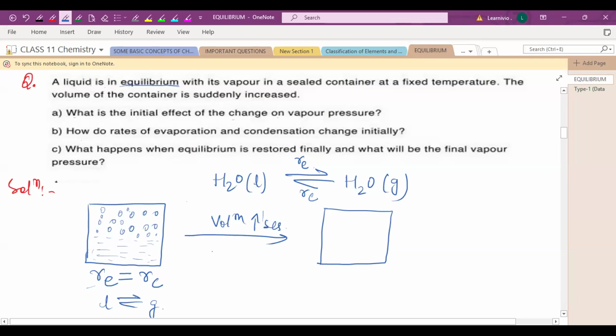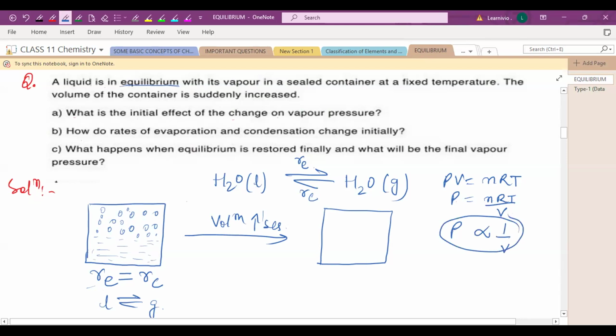If the volume is increasing, we know that according to the ideal gas equation, PV equals nRT. So P equals nRT upon V. What is the relationship between the pressure and the volume? Temperature is constant, the gas constant is again a constant, and the number of moles is constant. Suppose we are talking about 1 mole. So according to this equation, the pressure is inversely proportional to volume.